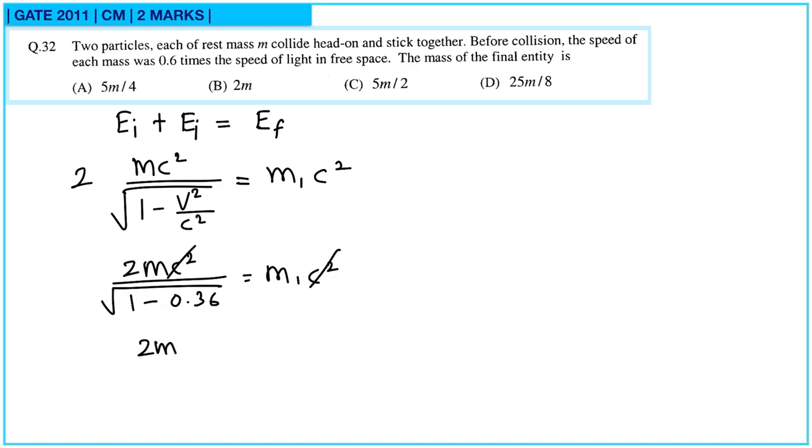We have twice m upon square root of 1 minus 0.36, which is 0.64, whose square root is 0.8. This will be equal to m1. So this is 2 by 0.8, which is 5 by 2 into m. So here option C is correct.